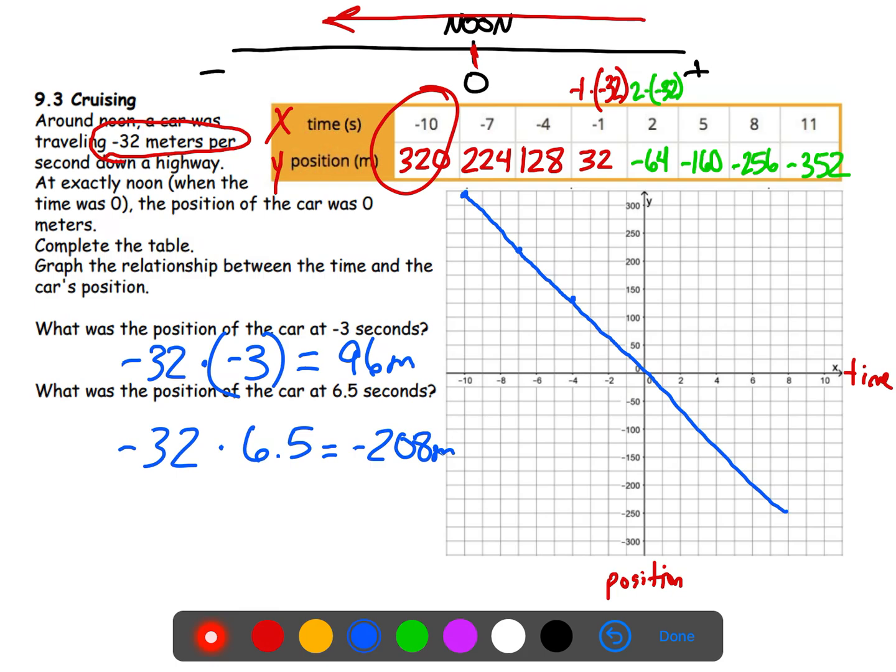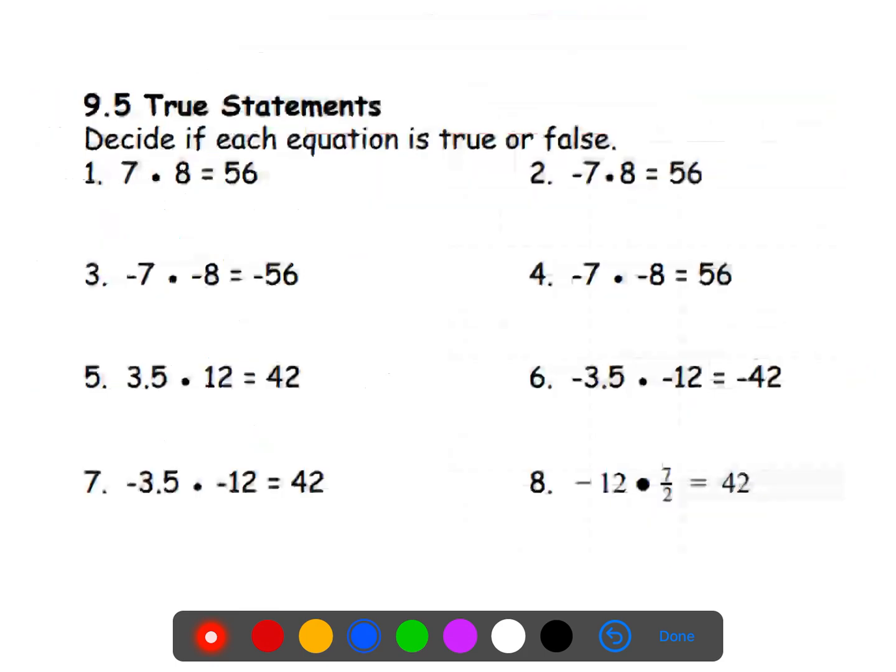We've got a couple more quick examples to look at, and this would be the first one. Decide if each equation is true or false. So keep in mind, of course we have to know whether they multiplied correctly. 7 times 8 is 56, and you can see that these 4 examples all use similar numbers, all get similar products. We just are going to have to check the rules for multiplying.